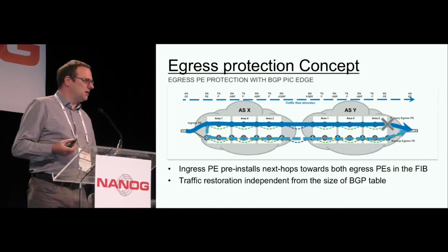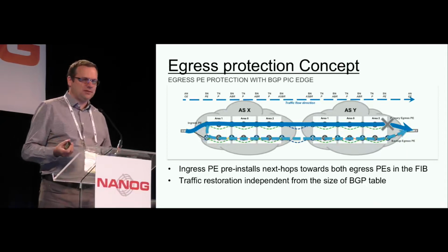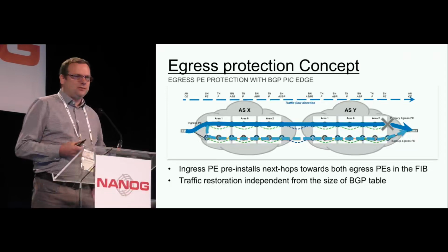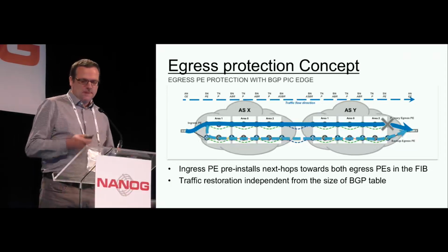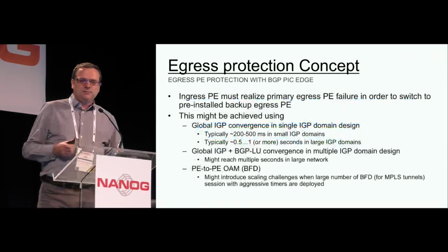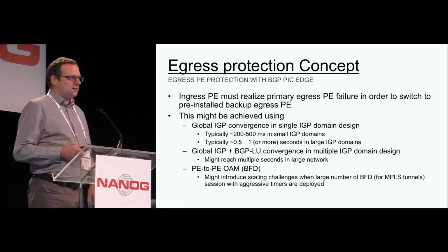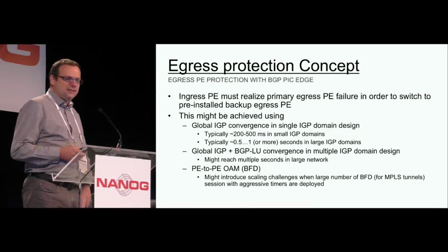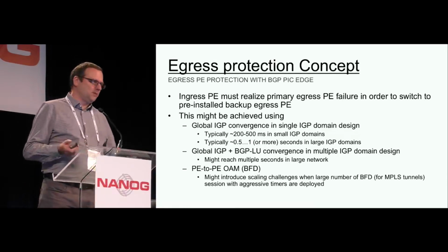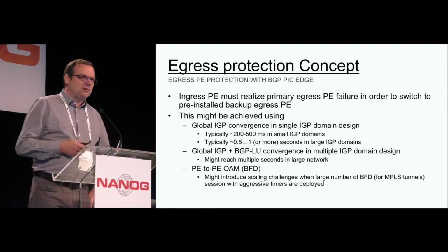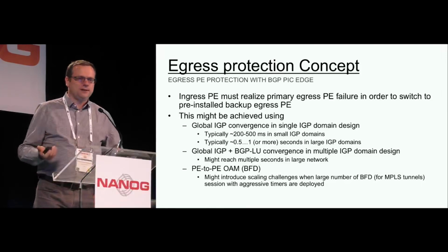Only after this detection happens can the ingress PE switch over the traffic to the backup egress PE. How can this detection happen? There are several ways to detect this failure. One of the ways is global IGP convergence. From the global IGP convergence, eventually the ingress PE realizes that the egress PE failed.